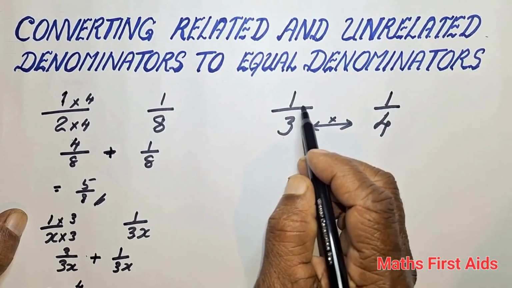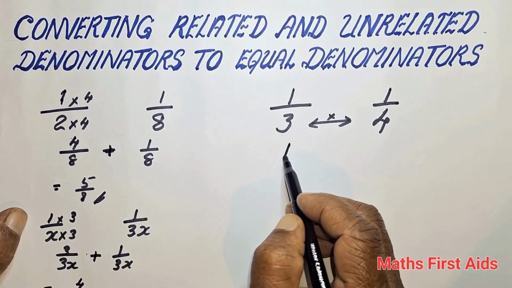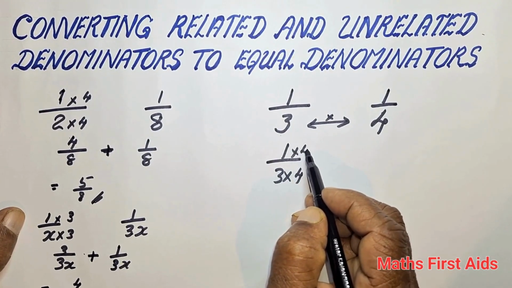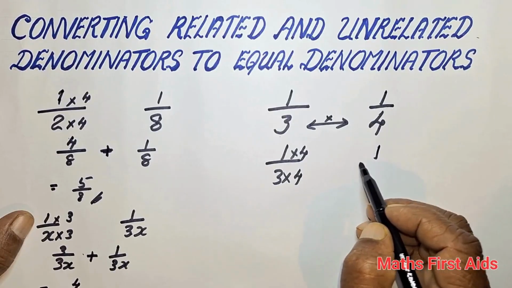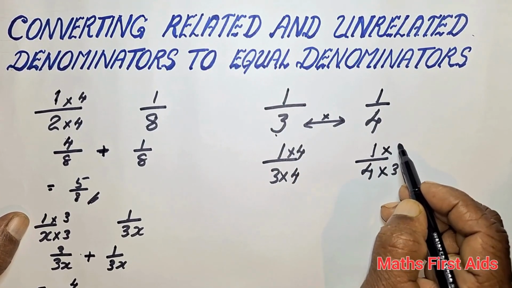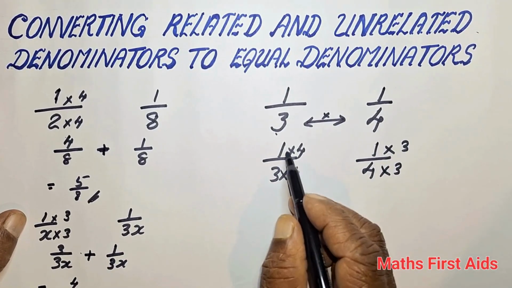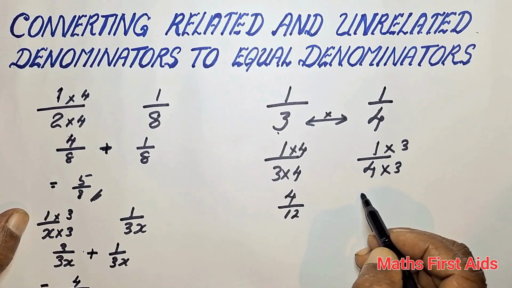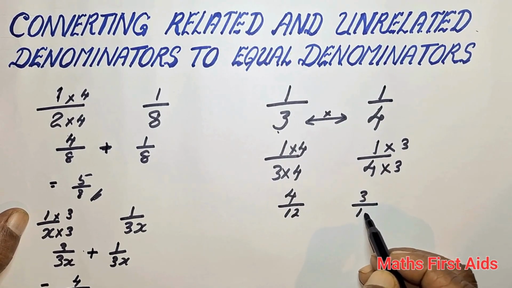So here this one we have to multiply by 4. So up also you have to multiply by 4. This one you have to multiply by 3. So here also 3. Now what you get is 4 over 12 and this becomes 3 over 12.